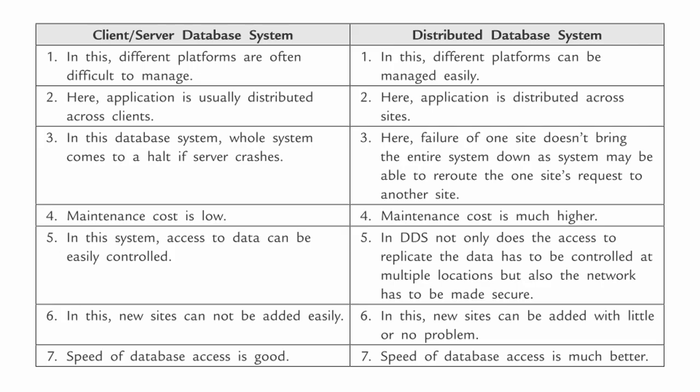The next differentiation is about application distribution. For client server, applications are often distributed across the individual client machines, while in distributed systems, applications are spread across different sites within the system.